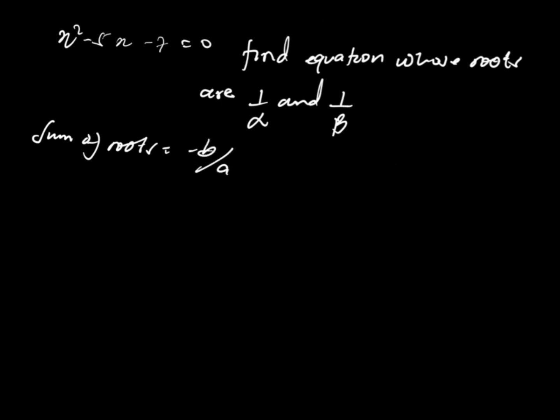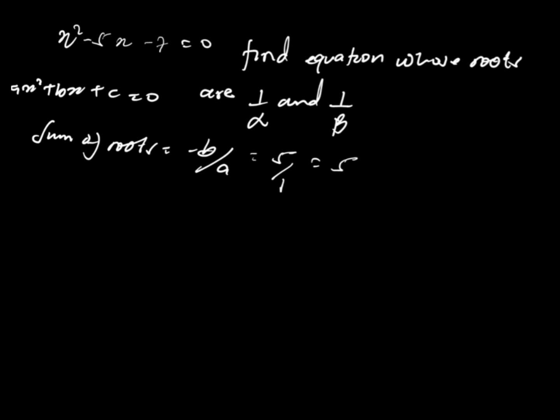We know that this equation is in the form ax squared plus bx plus c equals 0, so I can get my b, and b is negative 5. When it meets this negative, it becomes positive, and my a is 1, so all over 1. Therefore, I have 5 as my sum of roots.